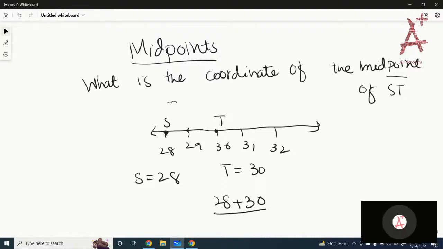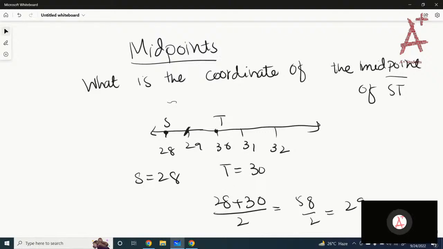Midpoint is the point that divides a line into 2 equal parts. Got it? So you have to just add them and divide by 2. So 28 plus 30 is 58 and 58 divided by 2 is 29. So see, there you have a point 29. 29 is a point that divides this line into 2 equal parts.